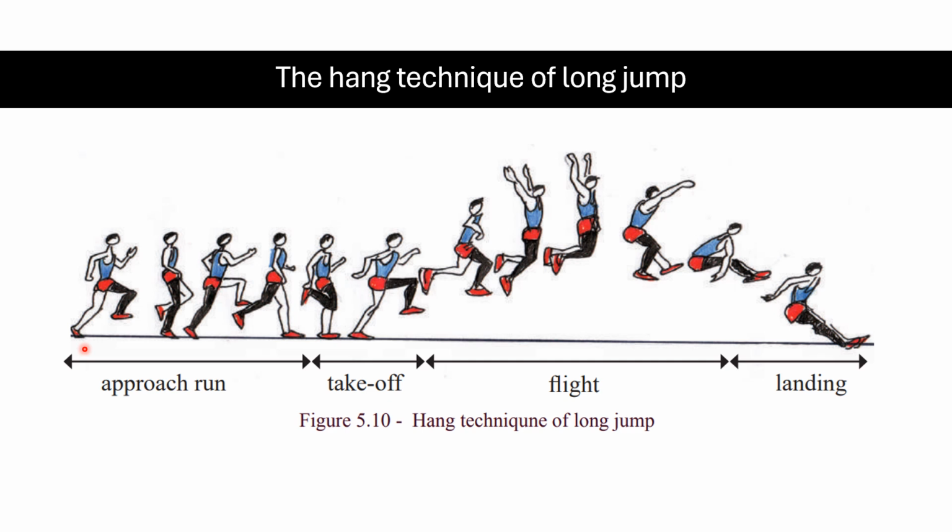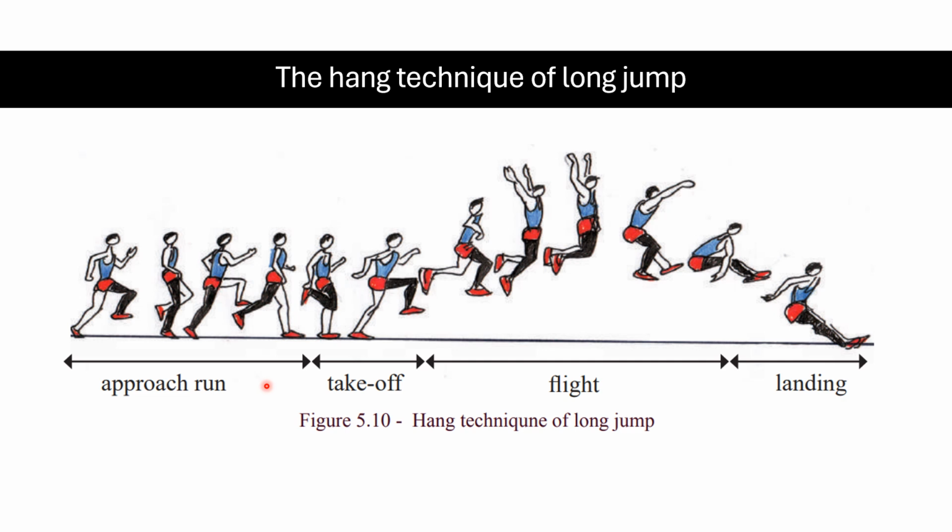So it starts with the standing start. And the approach run is a really important part of the long jump because it helps the jumper to pick up speed, and he has to control that speed until he takes off from here. So that's what you need to learn about the approach run.